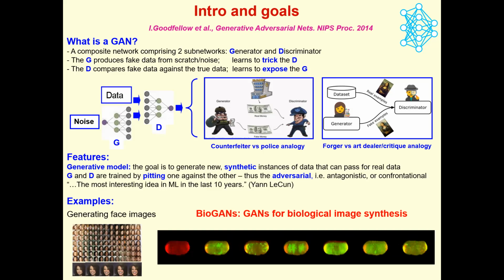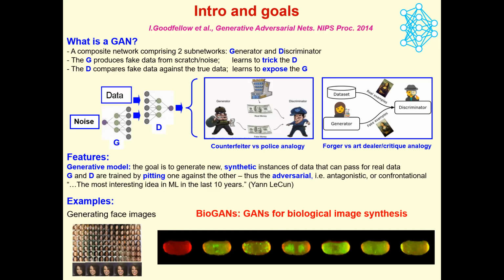In summary, GANs, generative adversarial networks, have these features. First, they are generative models. The goal is to generate new synthetic instances of data that can pass for real data.